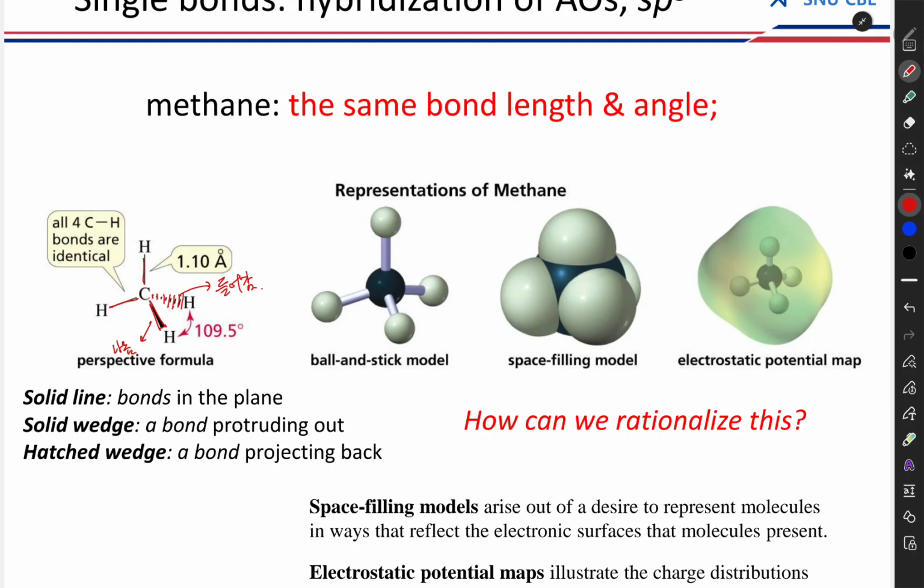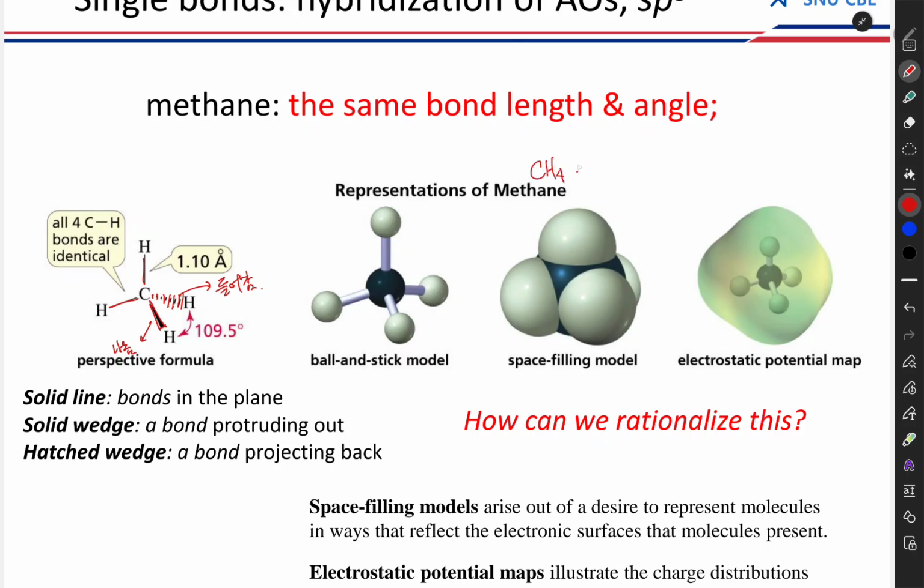And we discussed the ball and stick model, the space filling model, and the electrostatic potential map last time as well. But for the methane molecule, you know that all four C-H bonds in methane are equivalent, all identical.